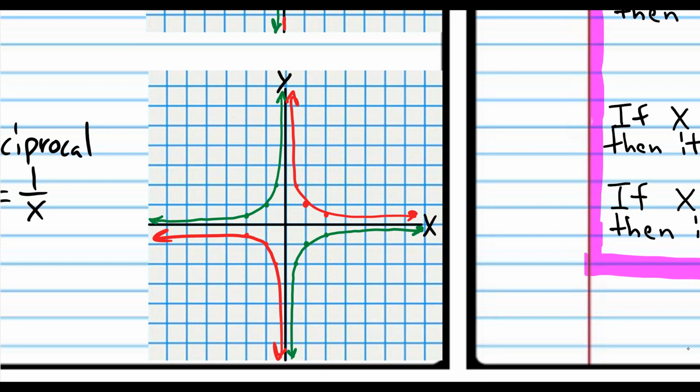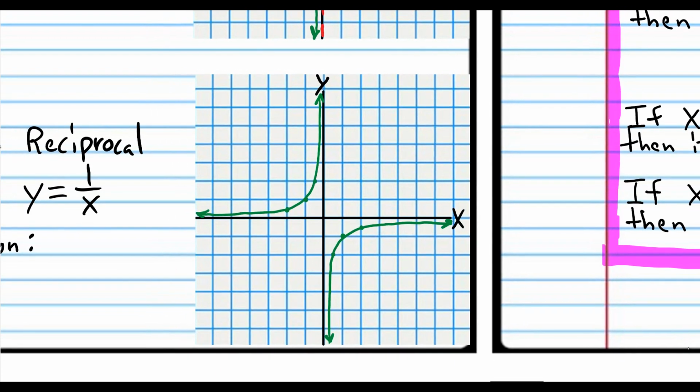Then we can erase the parent graph. And as you can see, the asymptotes didn't change position.